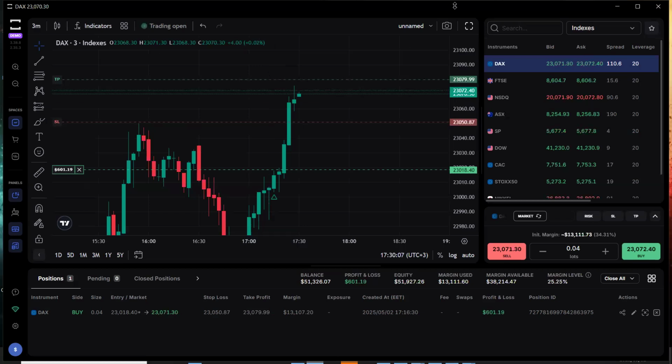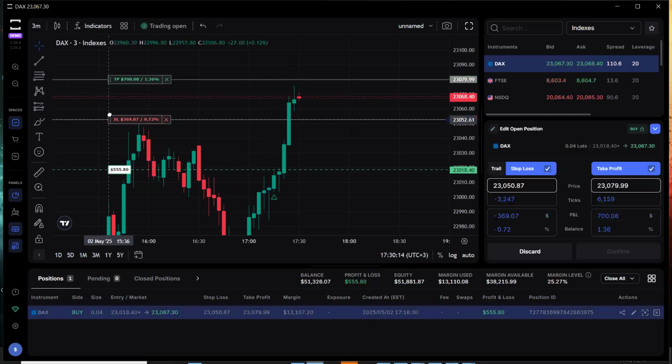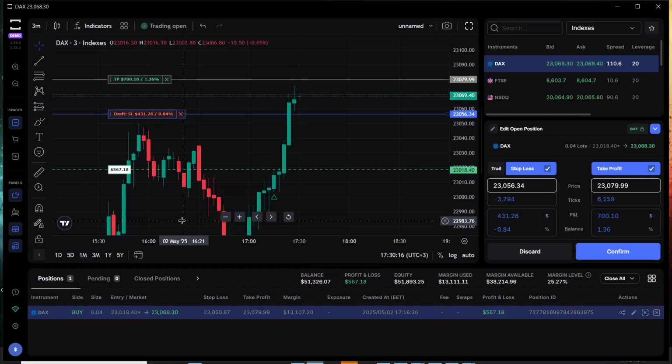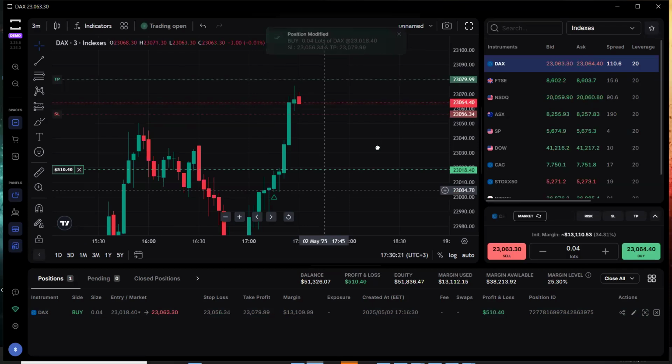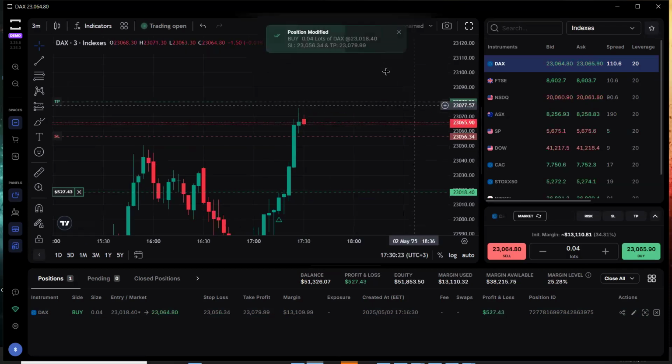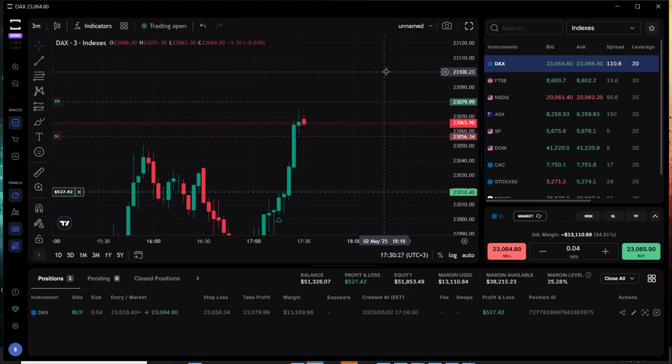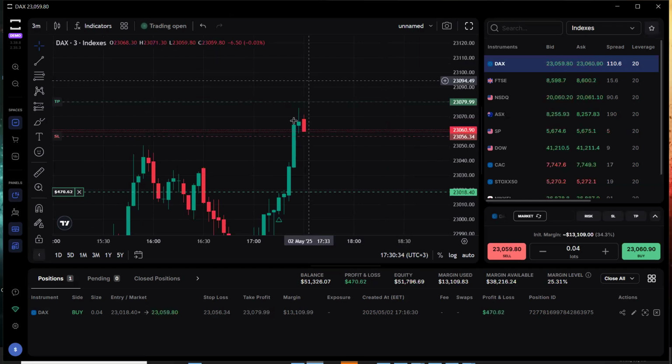We're almost there. Almost. If it takes us out now, it will be just under 1%, which is also still fine.